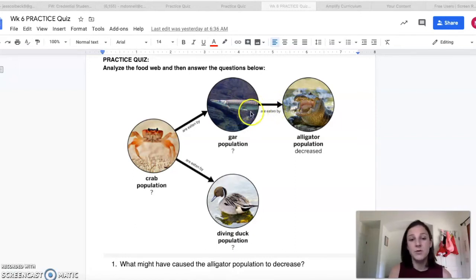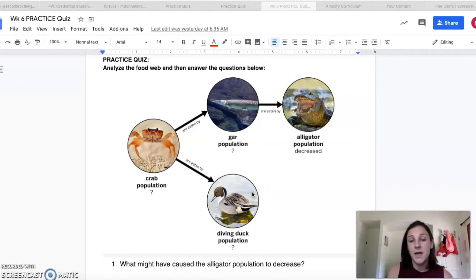The next thing we know is that the crabs are eaten by the gar because their energy storage molecules are going from the crab to the gar, shown by this arrow. And then lastly, we know that diving ducks also eat the crabs because of this arrow showing energy storage molecules going to the duck. So it's important that you understand the layout of the food web because food webs are going to be very important in this quiz.